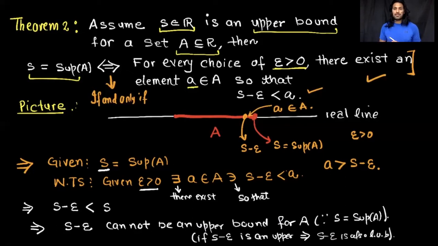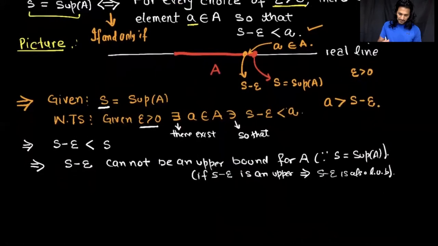But we are given that the least upper bound is not s minus epsilon, it is s. So this cannot be true. So this is the statement that s minus epsilon cannot be the least upper bound.